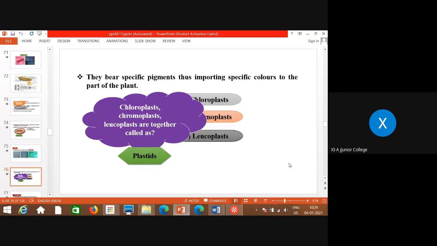Different colored pigments are called chromoplasts, and when colorless, they are called leucoplasts. So I'll repeat: depending on the pigment color, they are chloroplasts when green, chromoplasts with colorful pigments, and leucoplasts without color pigments, that is, colorless.